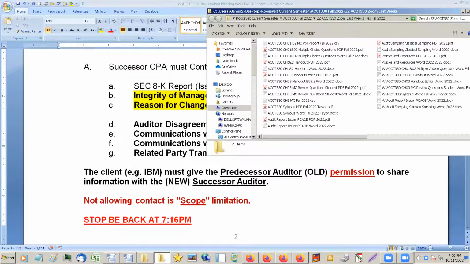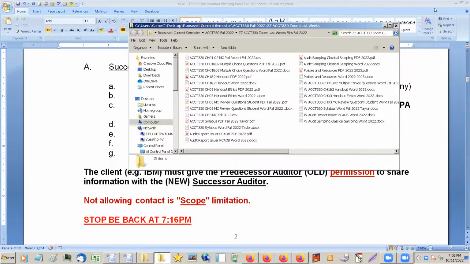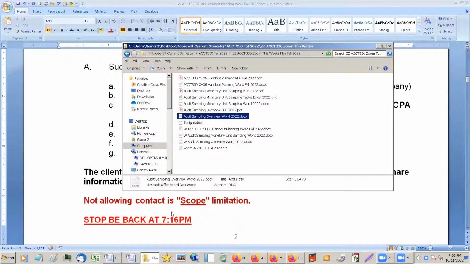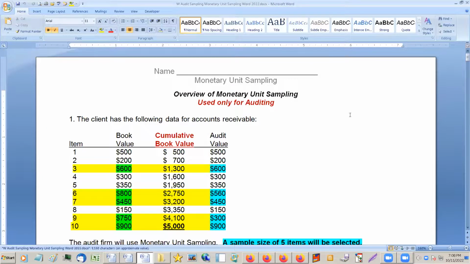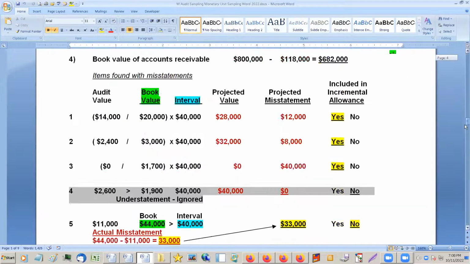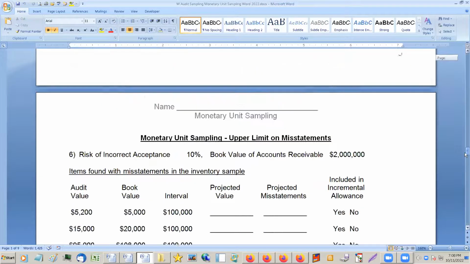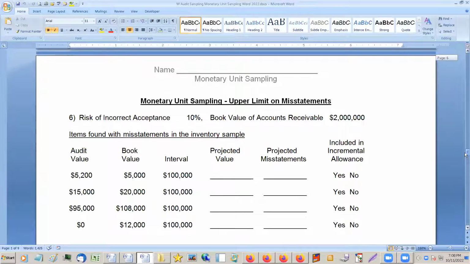So if you want to pull up the next thing, we're going to. That's not it. I'm not sure what that is. So if you want to pull up the monetary unit sampling, this will be the next thing that we go over, and I think we get in number 6.